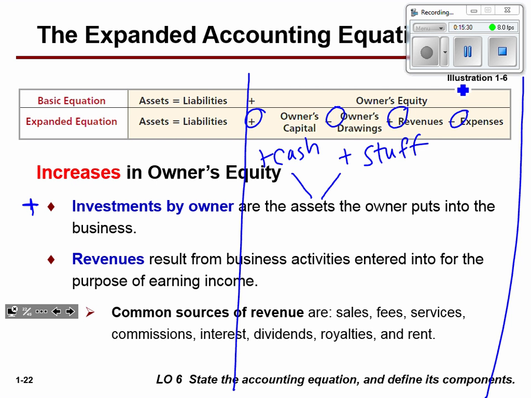Now owner's equity is going to go up, and so are assets because there's more cash. Or they can say, out of my own pocketbook, I want to give a Bobcat skid loader to the business. They're contributing some more equipment, but they've also invested that Bobcat in the business.